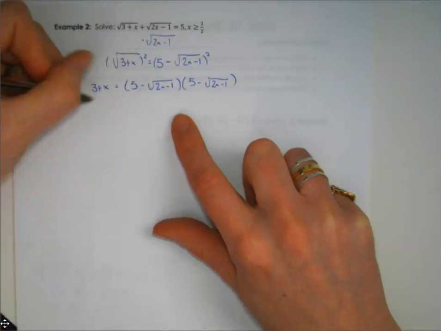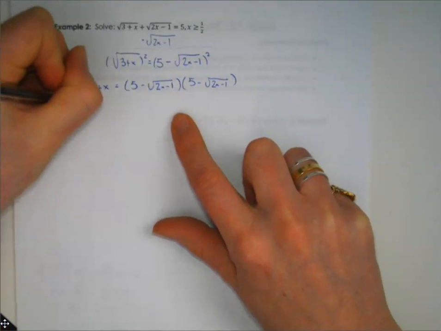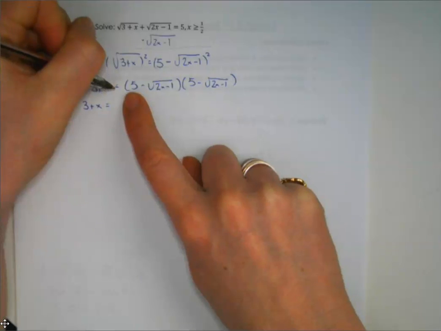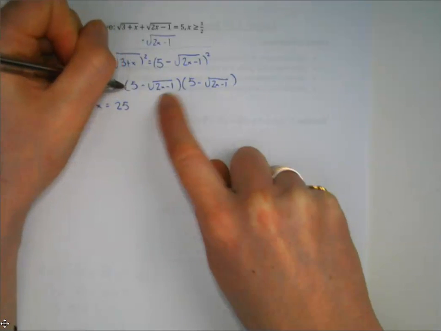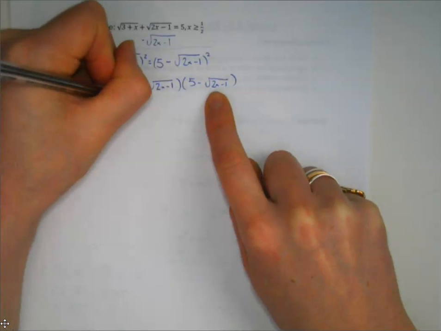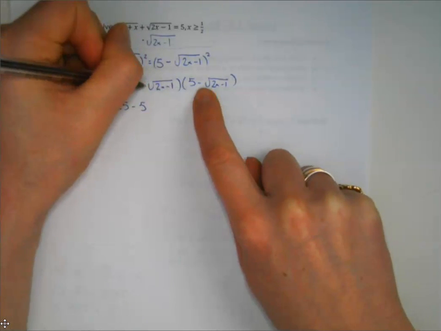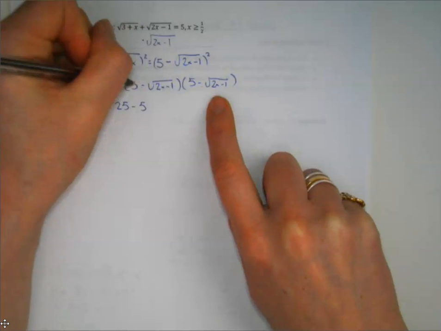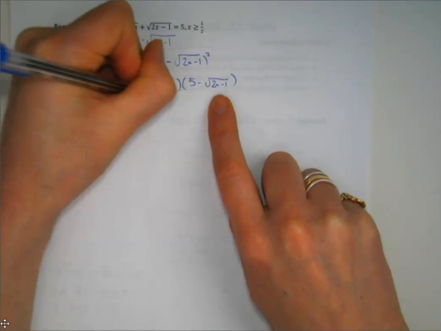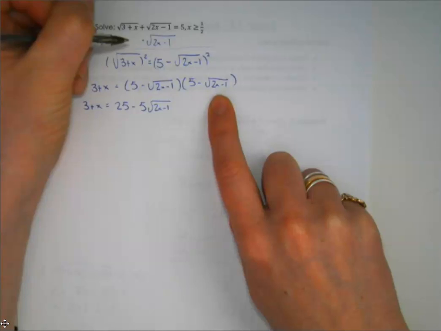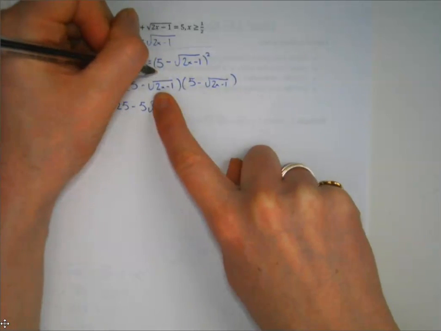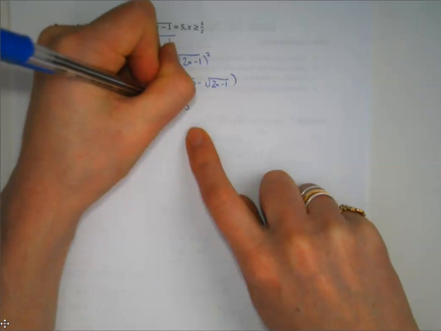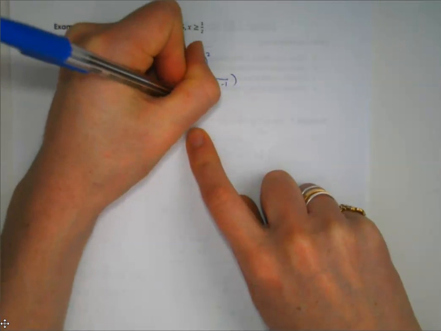So again, 3 plus x is going to be equal to 5 times 5 is 25. First, outside, so minus 5, because we have a negative here, so minus 5 times 2x minus 1. And then inside, again, 5 times negative root 2x minus 1 is minus 5 root 2x minus 1.